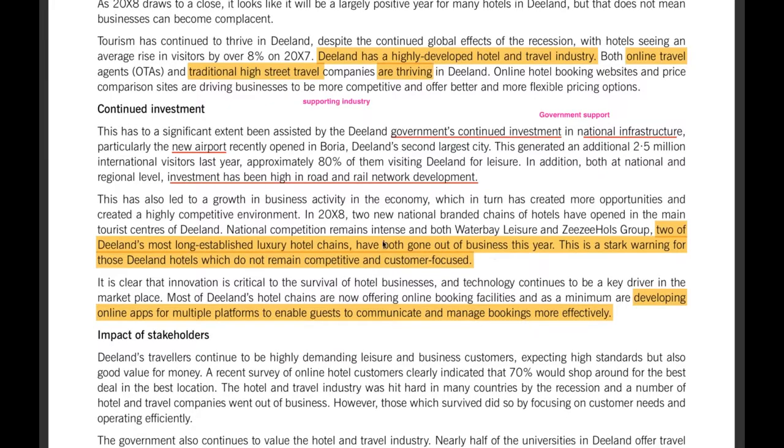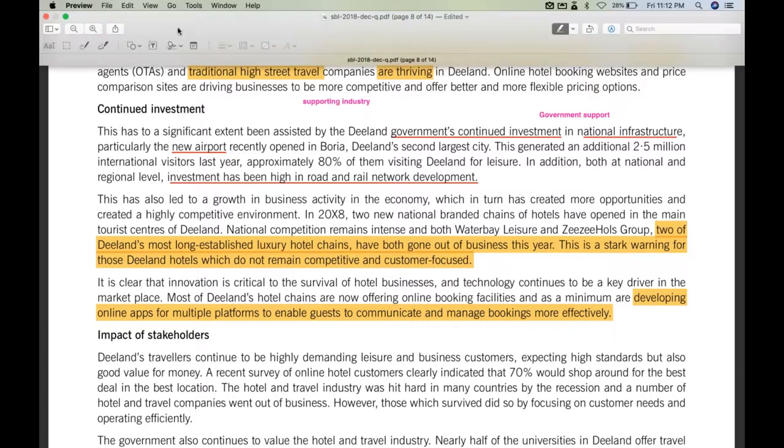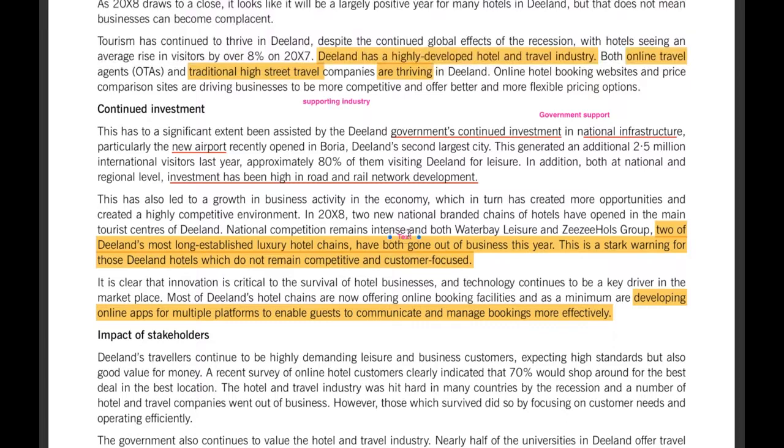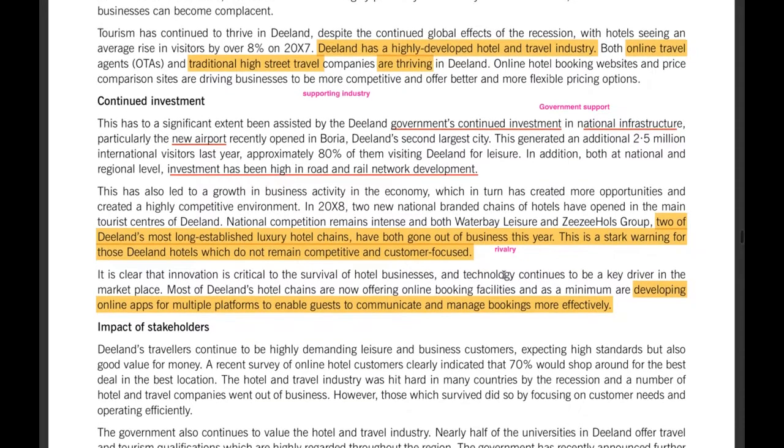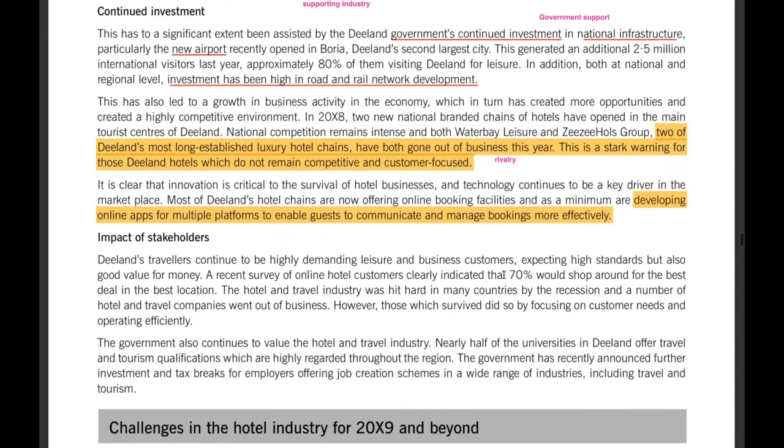National competition remains intense, and the rivalry. So here you are talking about this.